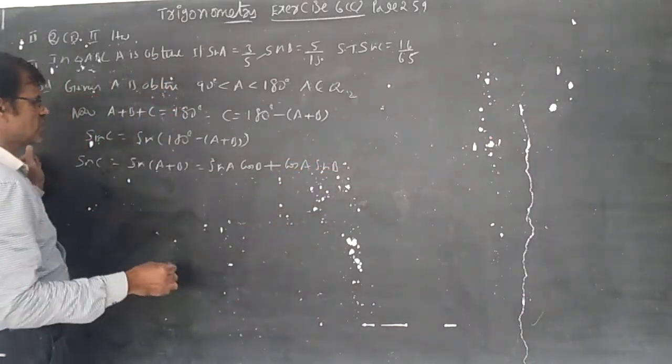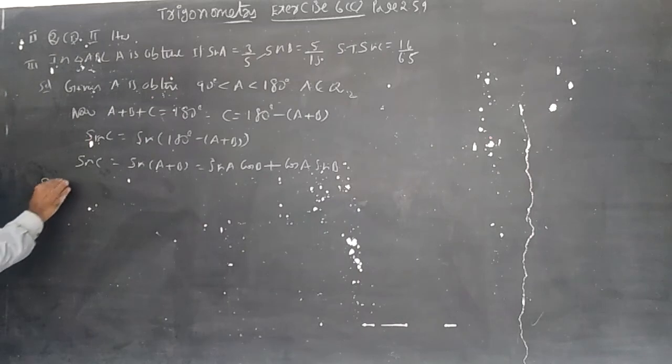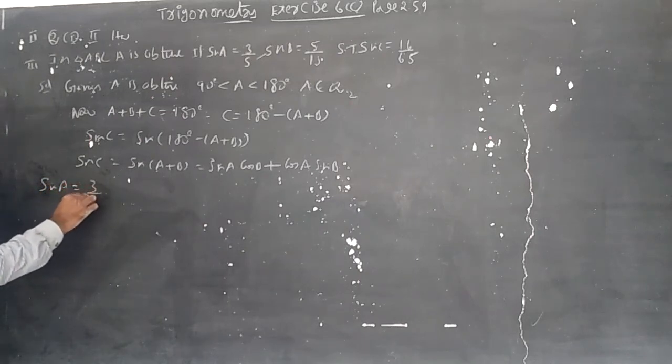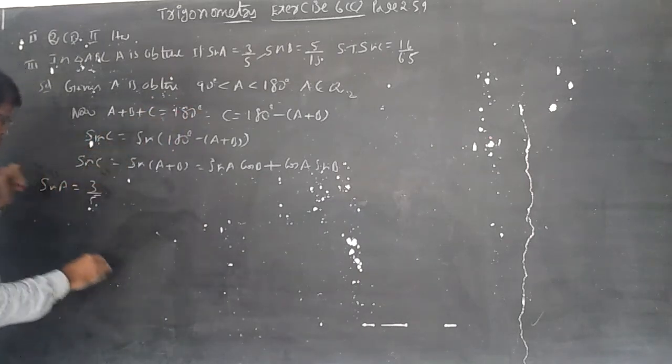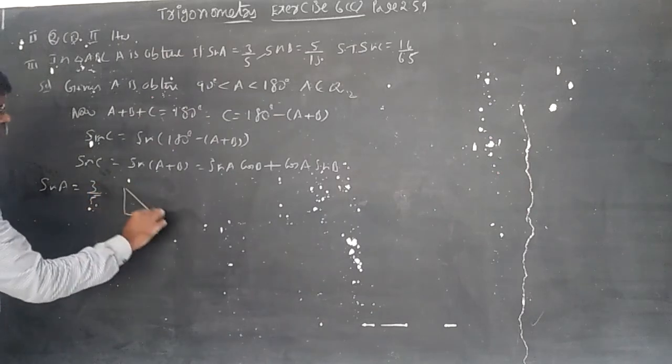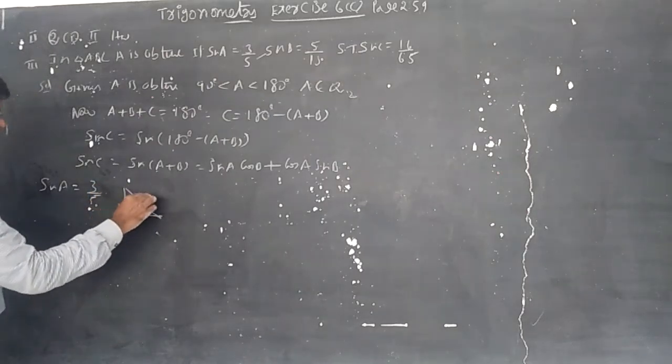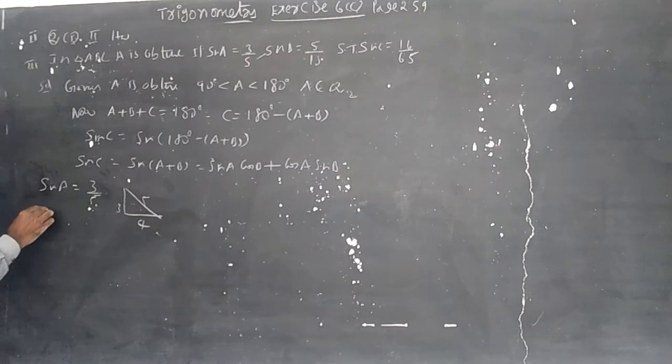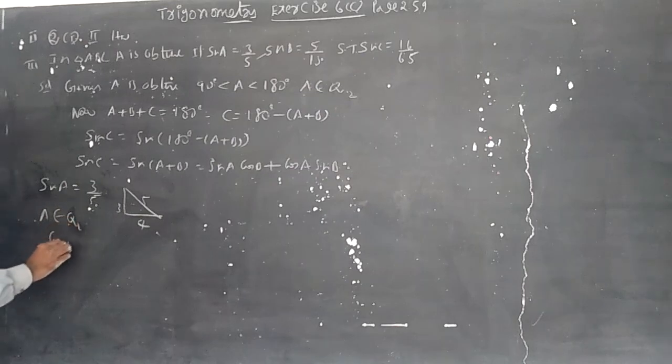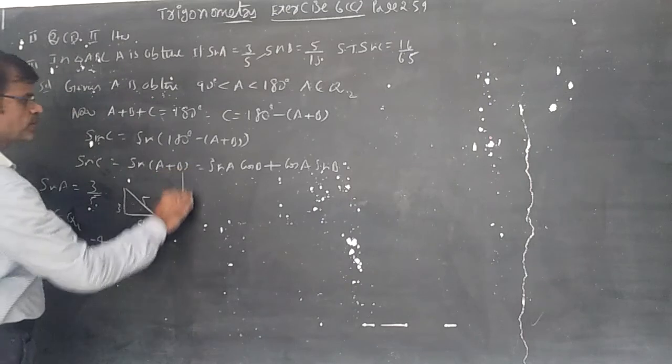You can understand here sin A is equal to 3 by 5. A belongs to Q2. Draw the right angle triangle. Put here 3, this is 5, this is 4. Since A belongs to Q2, cos A is negative. So cos A is equal to minus 4 by 5.